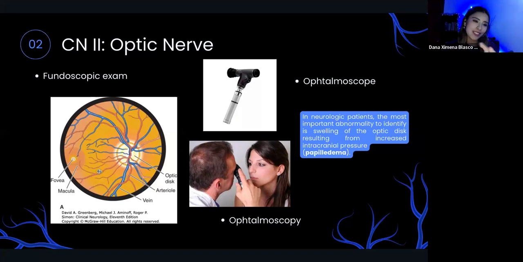It is important to know every single structure of the optic fundus. If you already know these structures and how they look normally, you can recognize how they do not look normal. So it is important. Why? Because in neurologic patients, the most important abnormality to identify is swelling of the optic disc right here, resulting from increased intracranial pressure. And this is called papilledema.